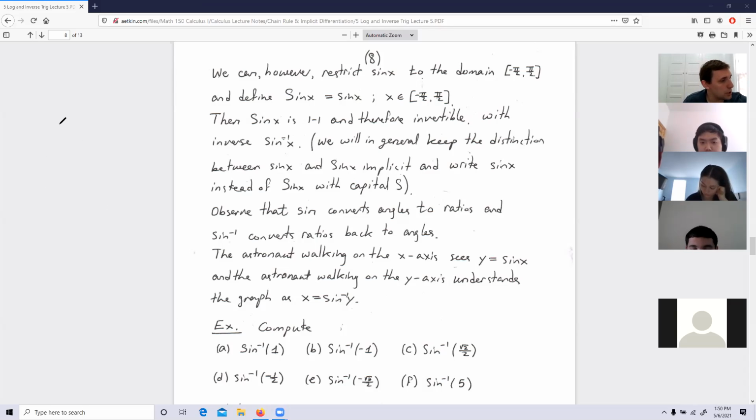Now, another question here, and I want all of you to think: what is sine inverse of 5? What is that?